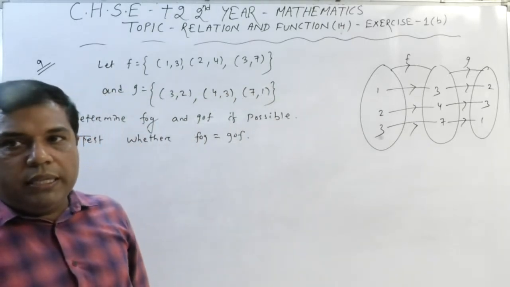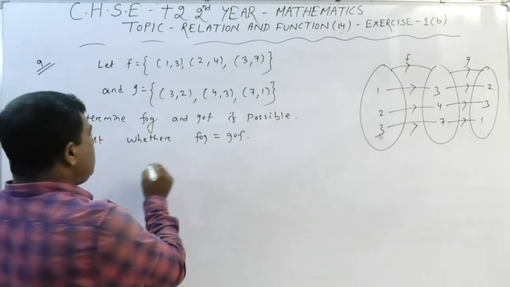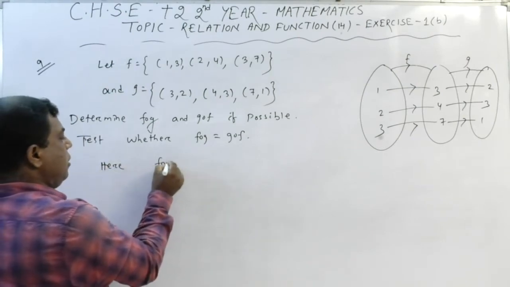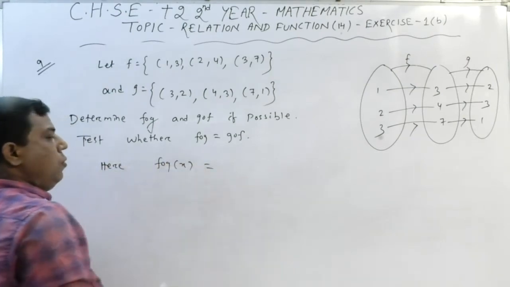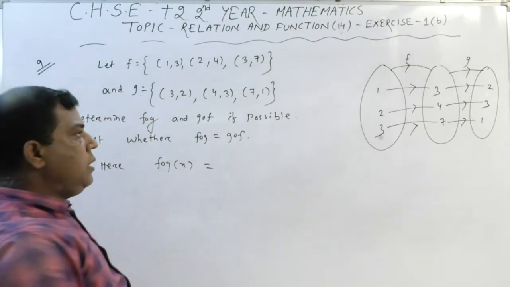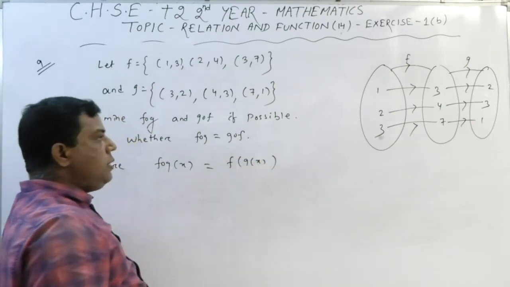Now our question is to find out fog. So here (fog)(x), how do we find it? It is f of g of x. Yes or no, my dear students?